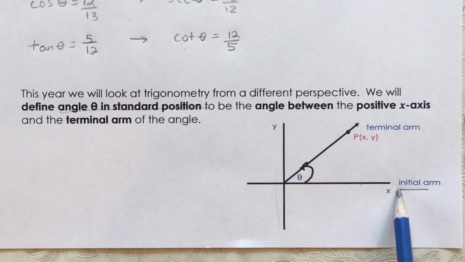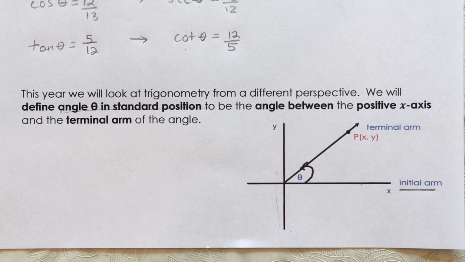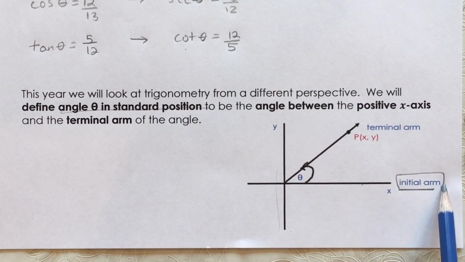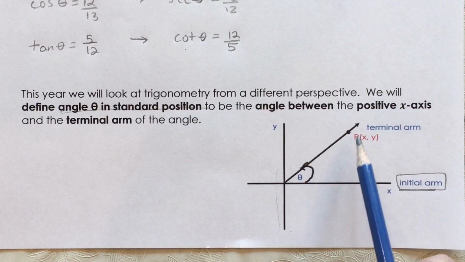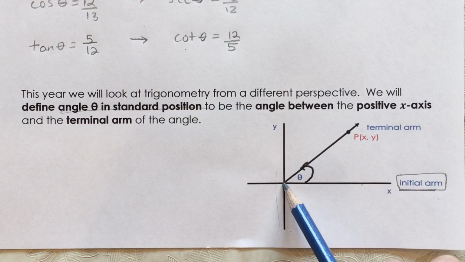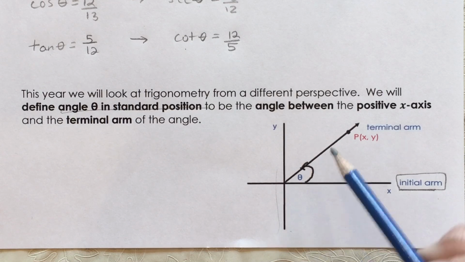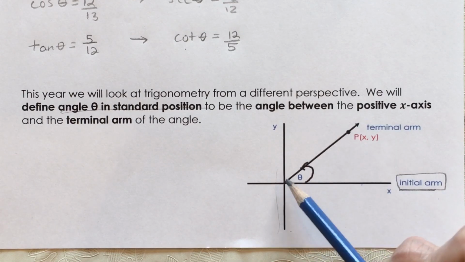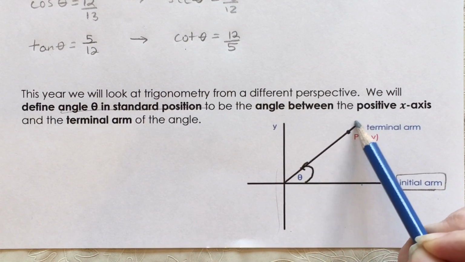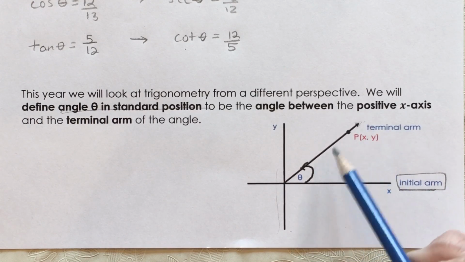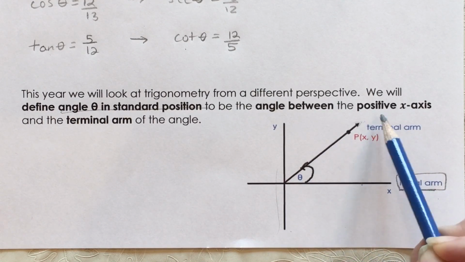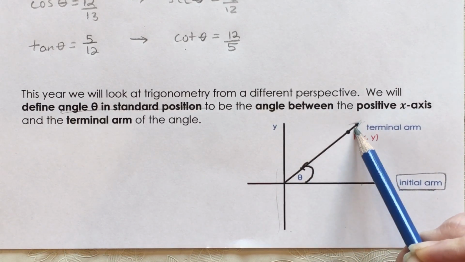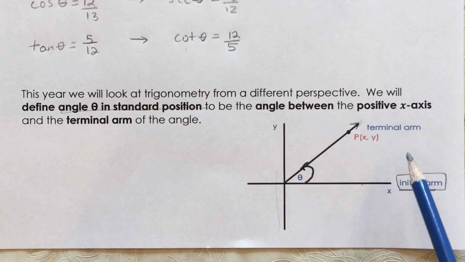The x-axis is always called the initial arm of the angle. And wherever we plot a point P(x, y), we're going to join the origin and then draw a line, I guess a directed line segment, through that point. And that line segment that we draw here, our directed line, is going to be our terminal arm.